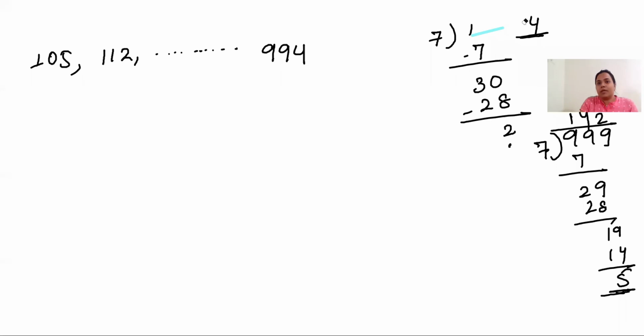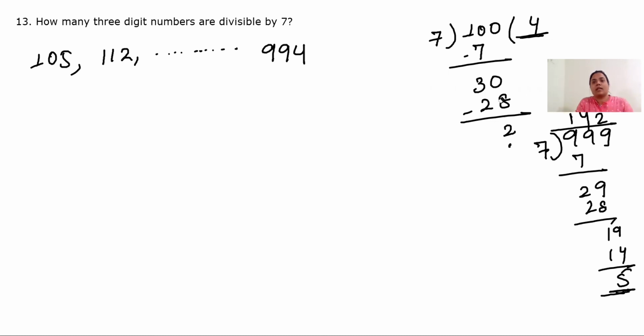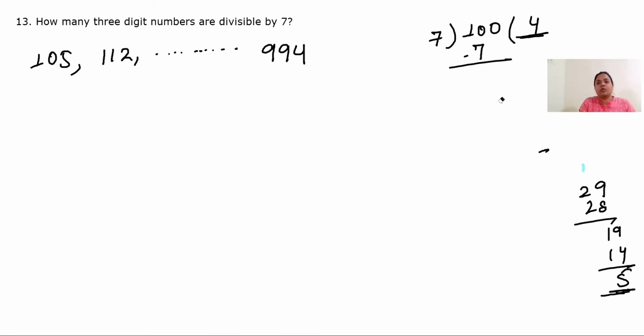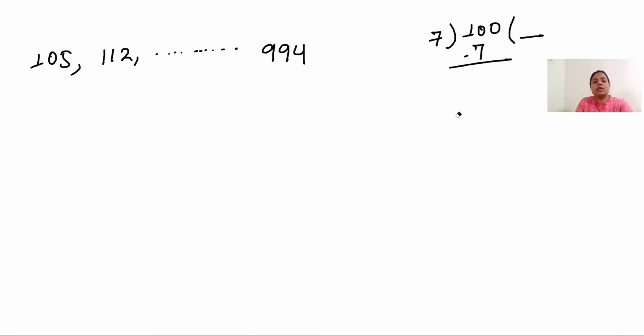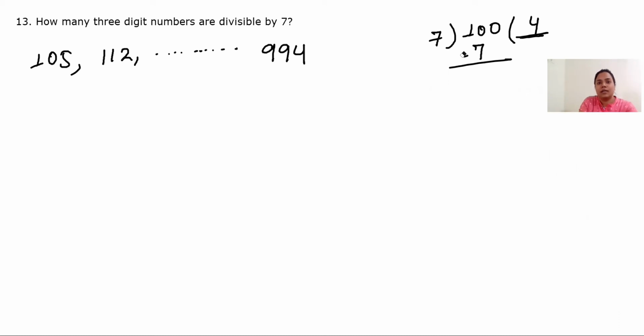We have got an AP in which the first term is 105, the second term is 112, and the last term is 994. Whenever they give a question like this, divisible by 7, divisible by 4, the D is always that number. So A is 105, so D will be 7.